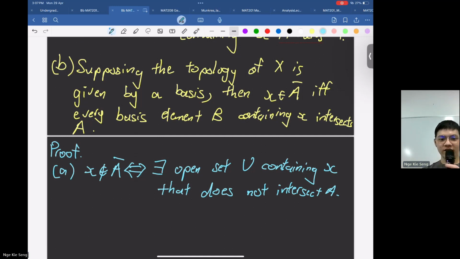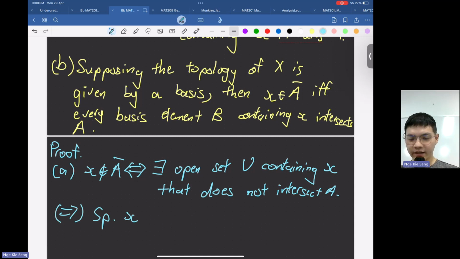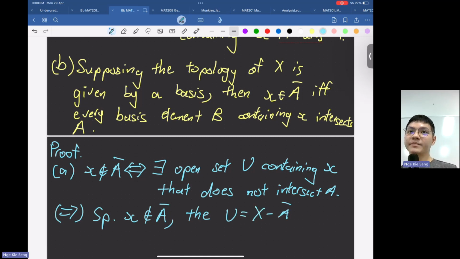So which direction? Maybe this direction. Suppose X is not in A bar. What is the open set that contains X and does not intersect A? You just take U equals X minus A bar.